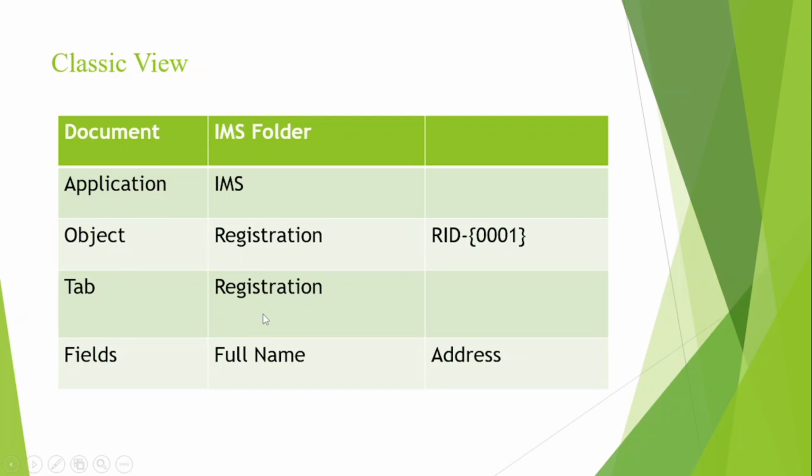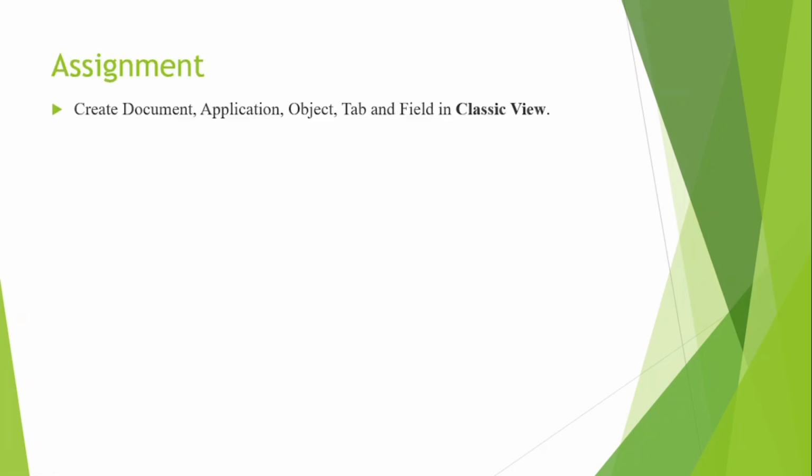Tab we are going to display by the name registration in the tab bar. Then for this particular registration we are going to create fields. So in this assignment we are going to see create document, application, object, tab and field in classic view. So this is the assignment.